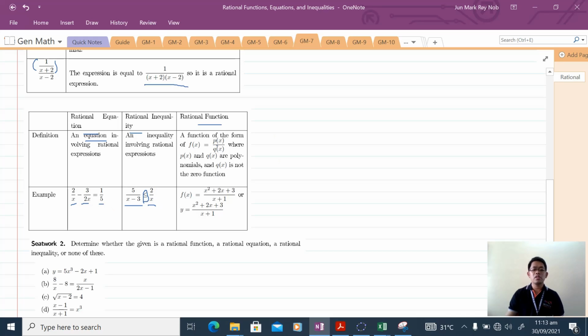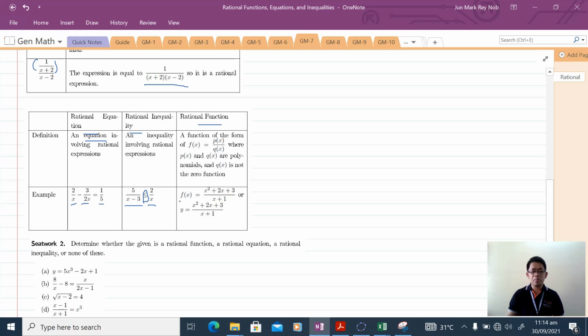Now what about rational function? A rational function is of the form f of x, so it has to be written in this form. It is an equation in the very first place. It is a ratio of two polynomials, p of x and q of x. Again, p of x and q of x are polynomials, and q of x is not the zero function.